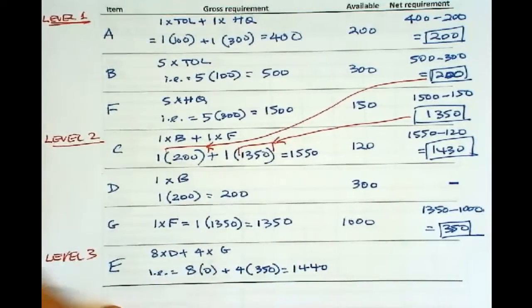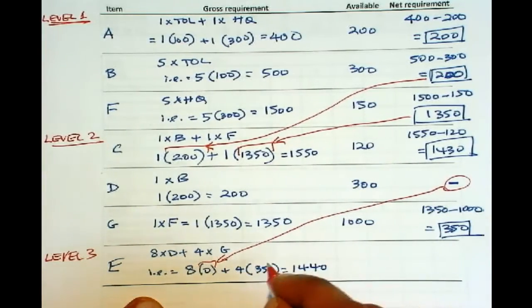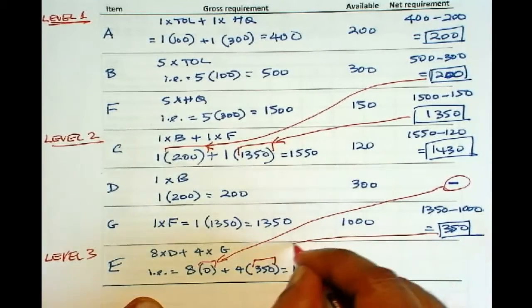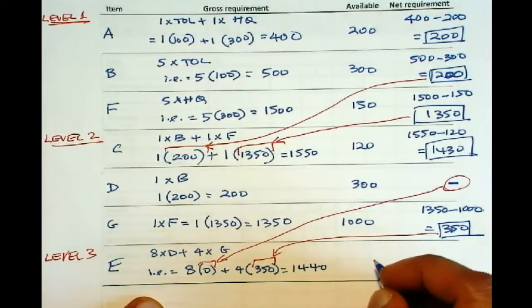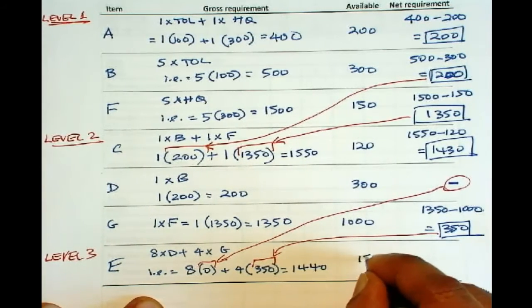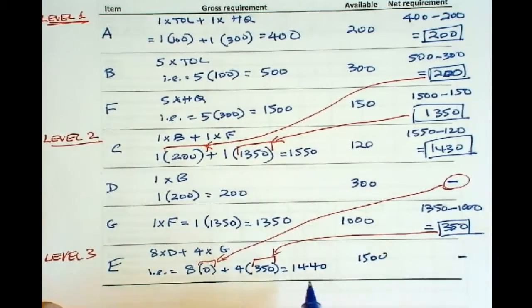Again, remember this 0 is from there, and this is from here, and 1500 of E is available, and therefore no net requirement for E.